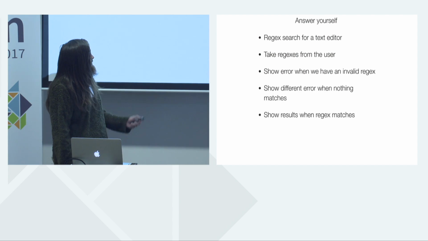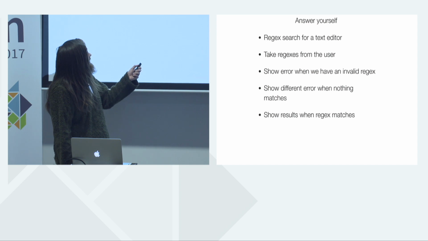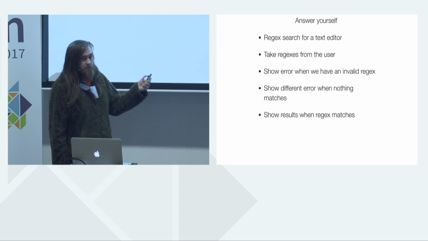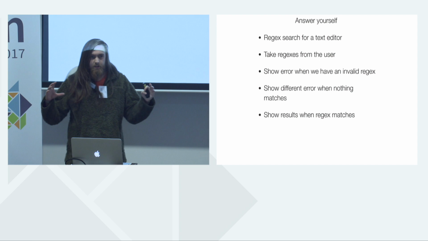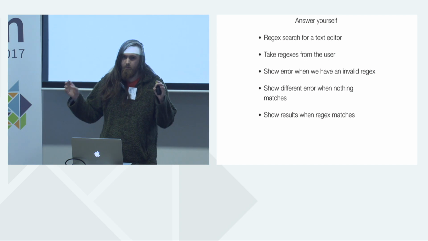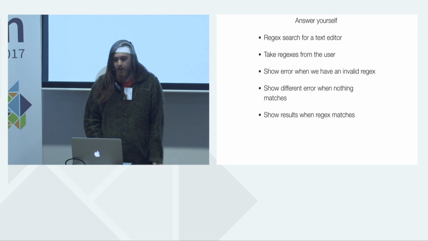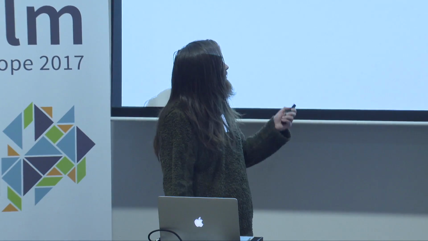Here's an example. We're making a regex search for a text editor. We're going to make a big text editor, and it's going to allow you to edit code. You want your users to be able to enter their regex to highlight whatever they're looking for and maybe even find and replace. One of the important features from that is that we take the regexes from the users.